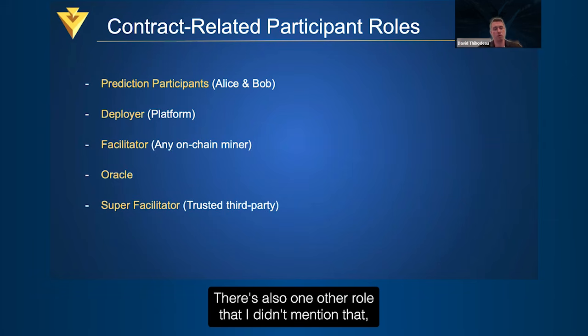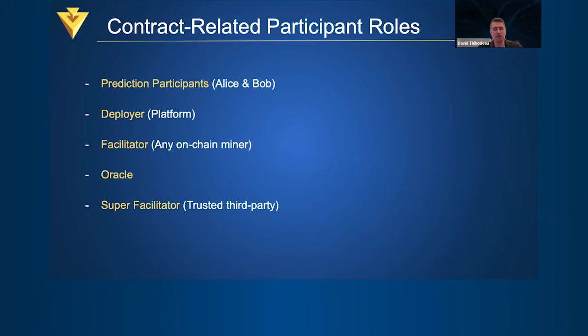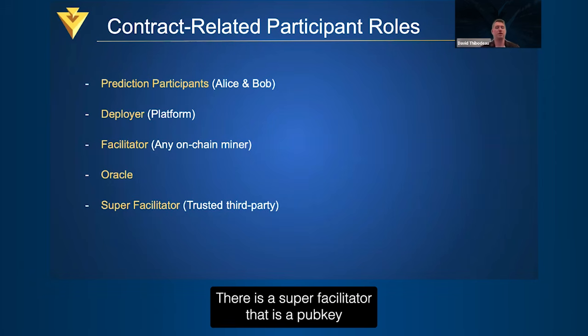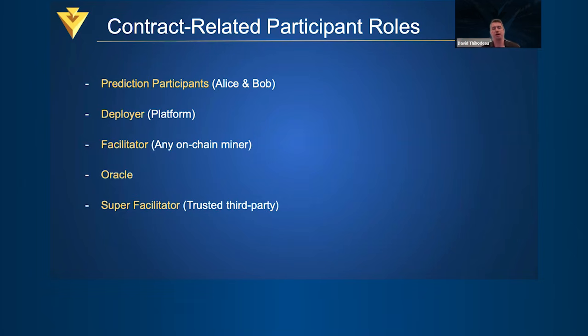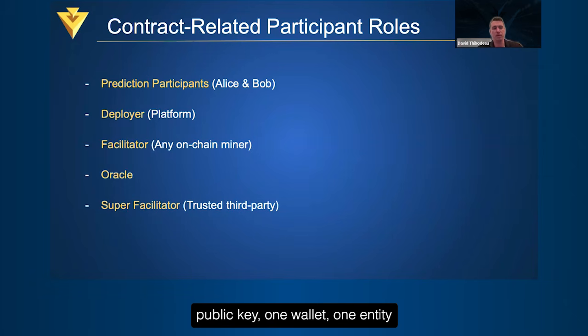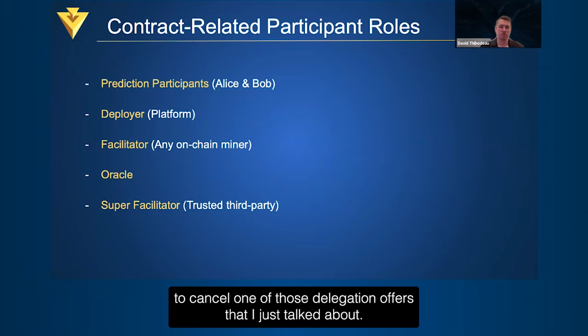There's also one other role that I didn't mention that exists in certain types of bet contracts that I use. There's a super facilitator. That is a pub key that a service might hard code into a contract before compile time. And that is like one public key, one wallet, one entity that you are trusting to be able to cancel one of those delegation offers that I just talked about.